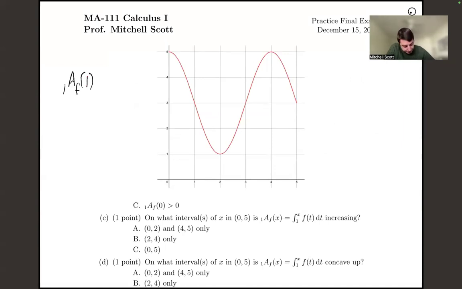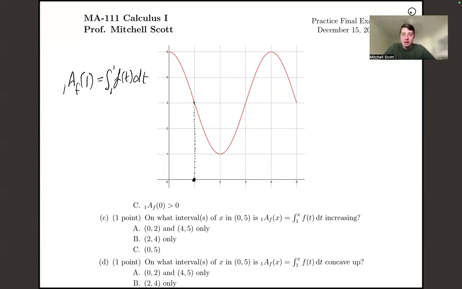So that means the integral from 1 to 1 of f of t dt, right? Okay, so that means my anchor point is here, and my top point, right? I've moved x such that x is also 1. So really, what I would need to do is figure out what this integral is right here, what I drew in the dotted line. And if you're wondering to yourself, Mitchell, how do I do that?